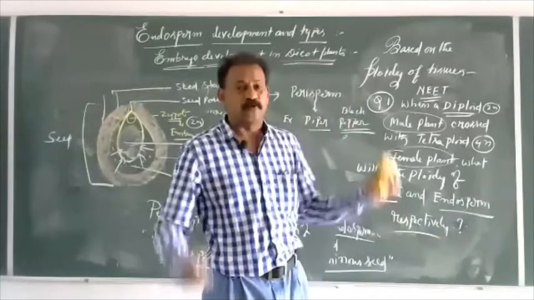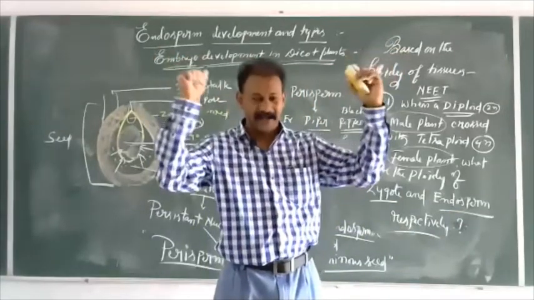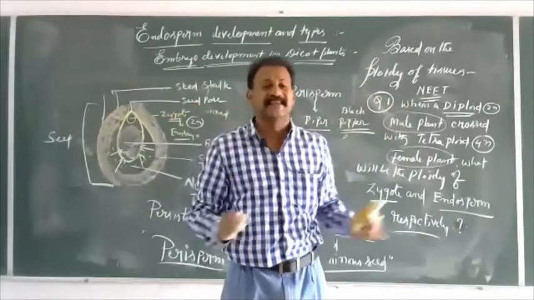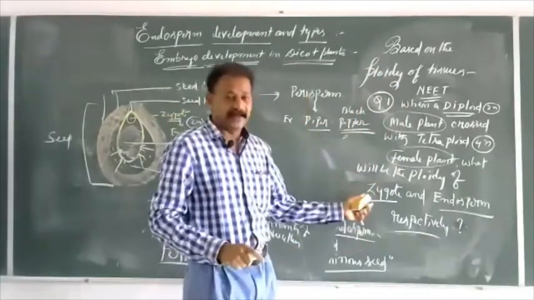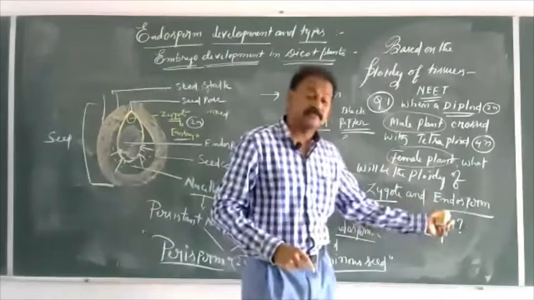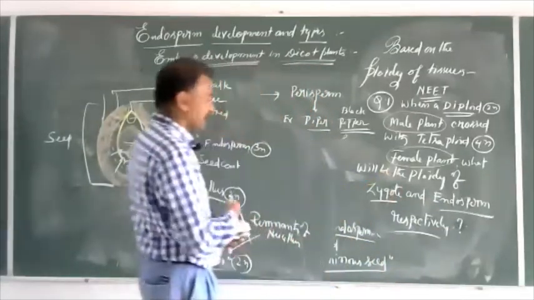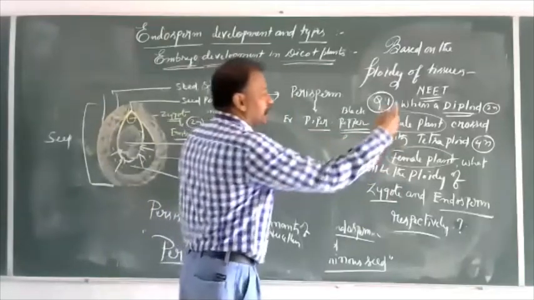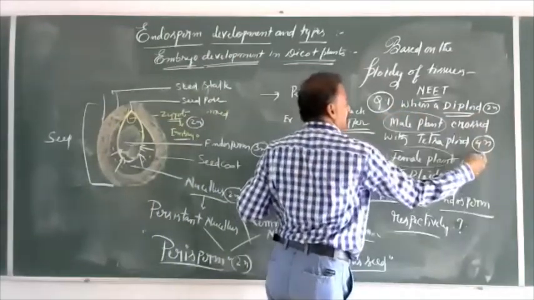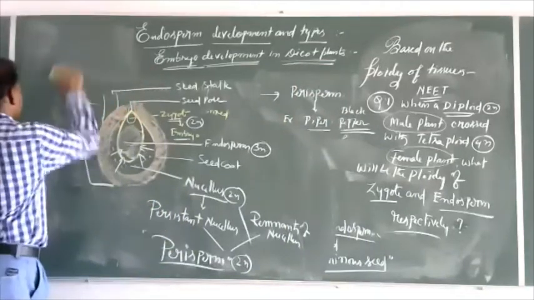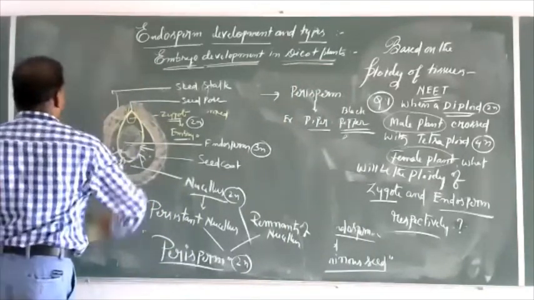Generally, when a diploid male and diploid female are crossed, the zygote will be diploid and the endosperm triploid. Normal. But here we have changed: a diploid plant is crossed with a tetraploid. So how do we identify?